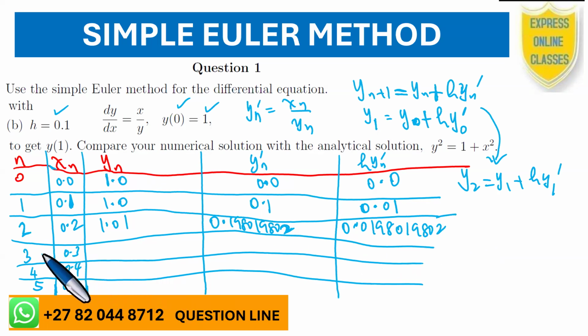Let's look at the n equals 3. Then we have x3, then y3. y3 is going to be y2 plus h y2 prime. So we have y3, which is y2 plus h y2 prime. y2 is this one plus h y2 prime is this one.